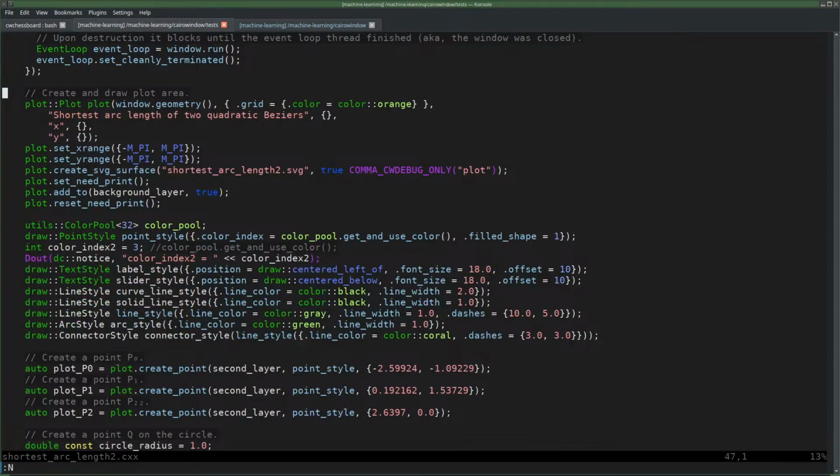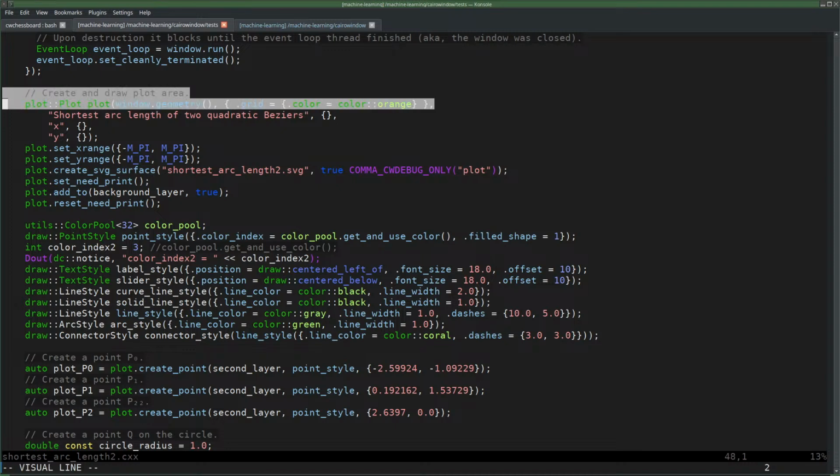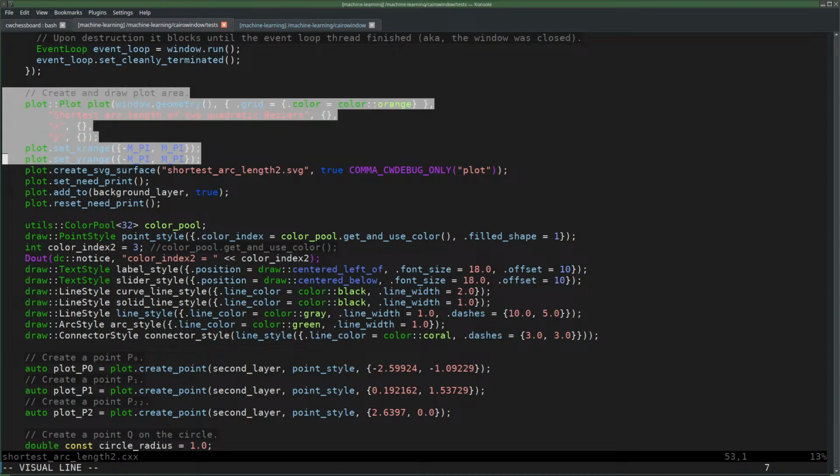Good, now we create a plot. Set X and Y range. I don't need printing, but it needs to be added to the background.